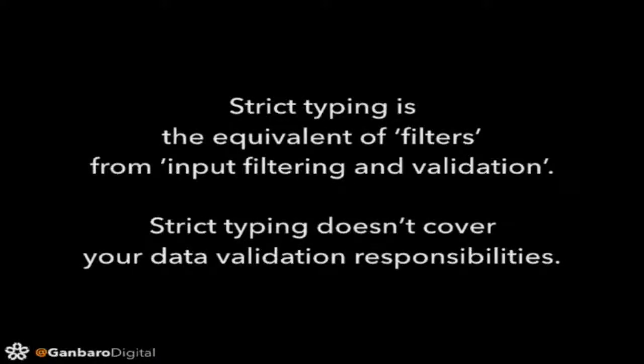But a string can contain anything. I mean, our string goes from having JSON to base 64, and it's got some encryption along the way. So the data type stays the same, but the meaning of the data inside changes. And strict typing doesn't cover your data validation whatsoever. It can't do. All it can do is say, I've got a string, so I'm not going to crash if I pass it into a string function, for example.